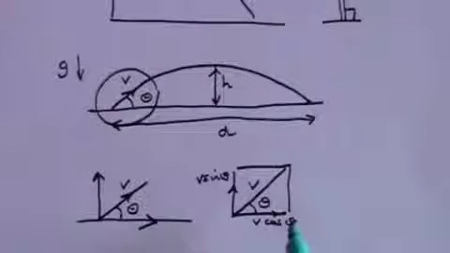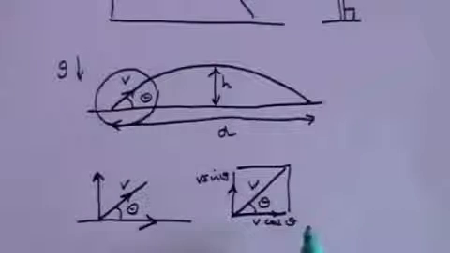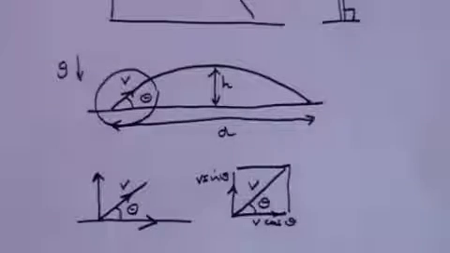And the point about that is that they act independently, and so you can calculate what is happening in the upwards direction or the vertical direction and what is happening in the horizontal direction entirely independently. And then you bring them together to get your solution, and I'll show you how.